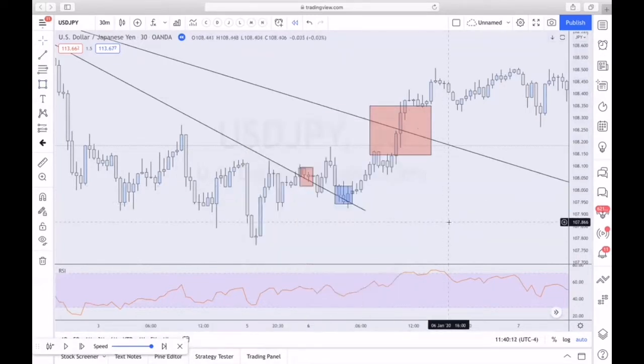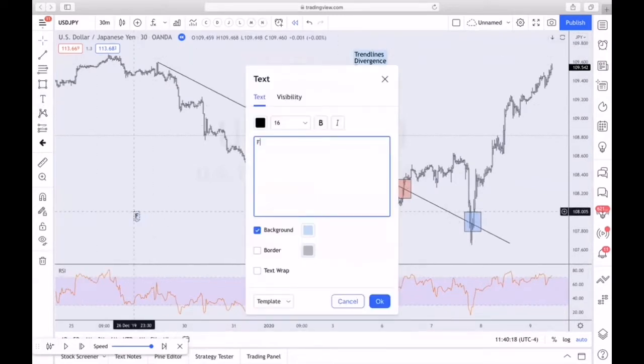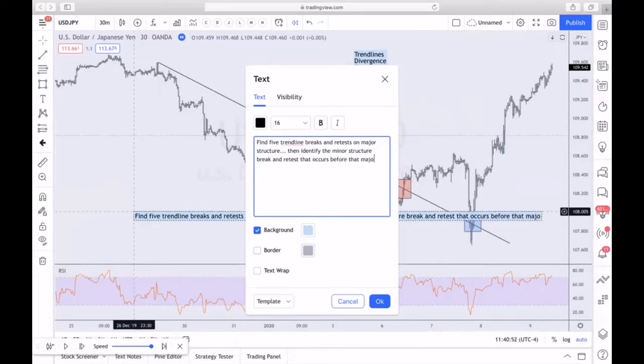So the first part of your homework is you are going to find five trend line breaks and retests on major structure, then identify the minor structure break and retest that occurs before that major structure break.